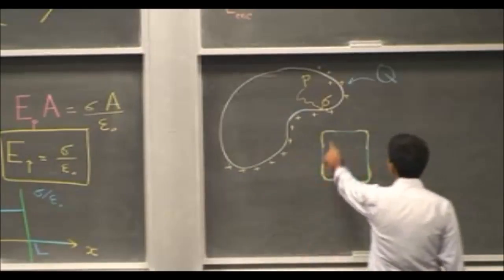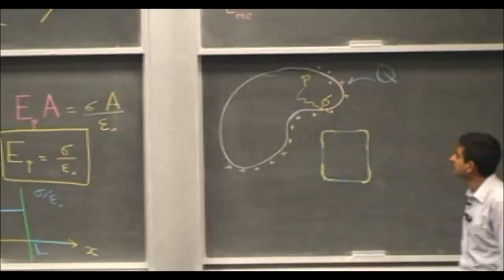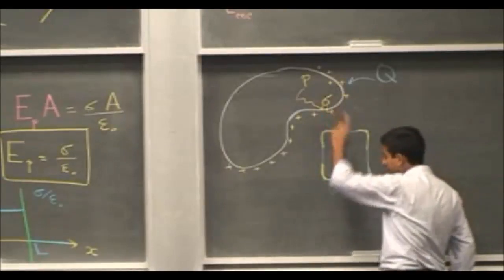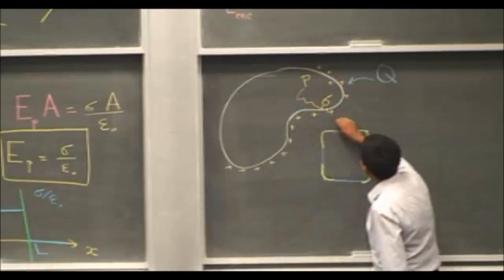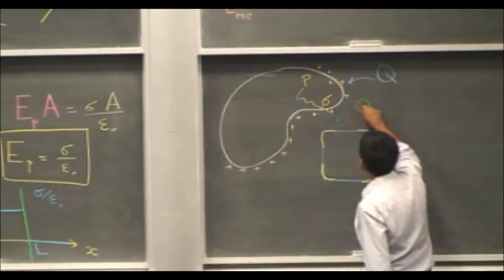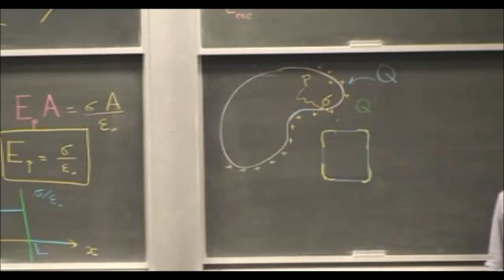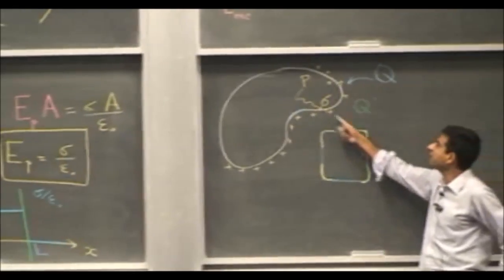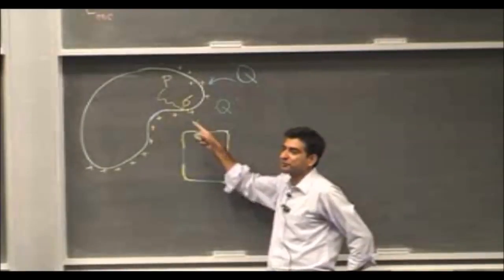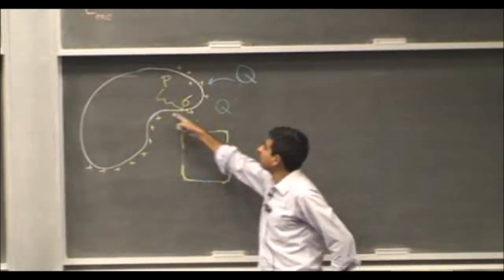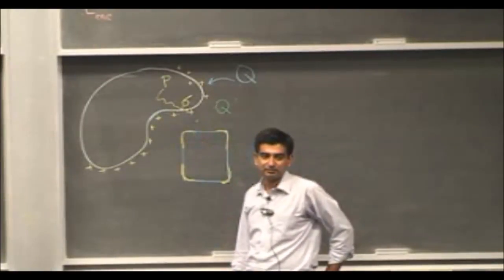So suppose at this point P, I would like the surface charge density to be sigma, and I would like to find out the electric field at some point Q, just outside the conductor. I don't want to go very far from the conductor, because then I would have to take a different value of sigma.